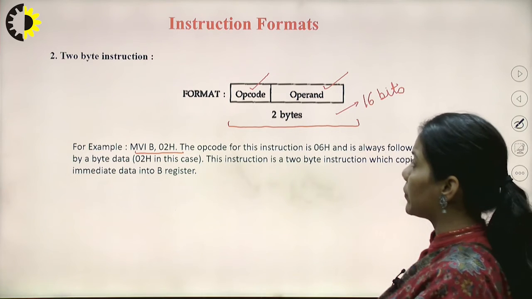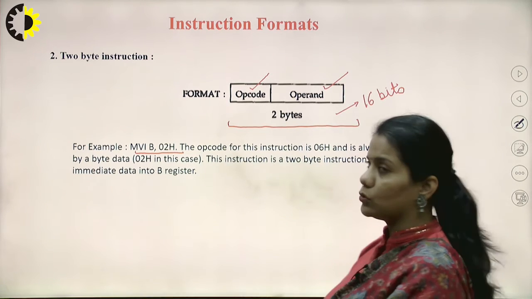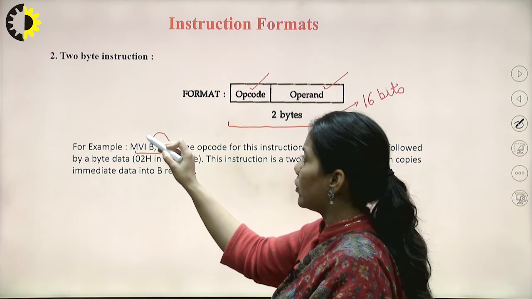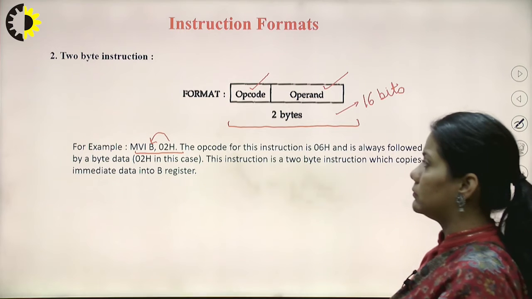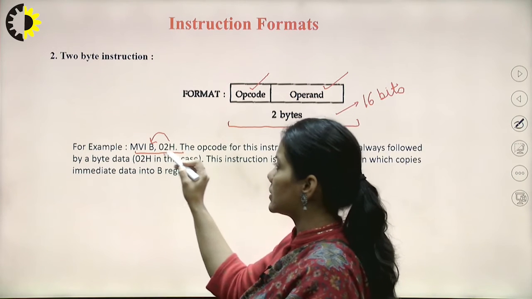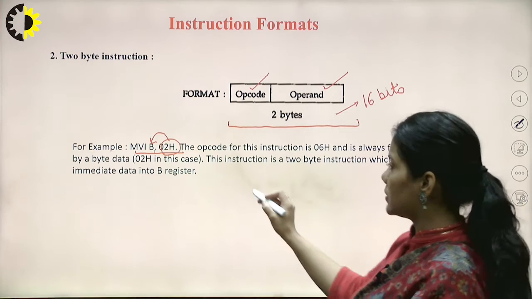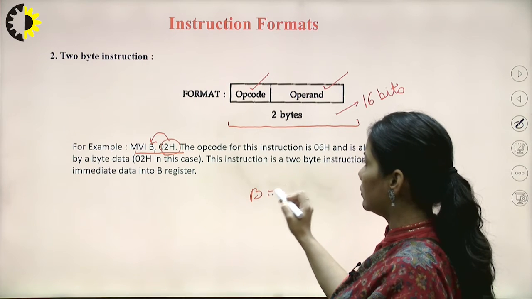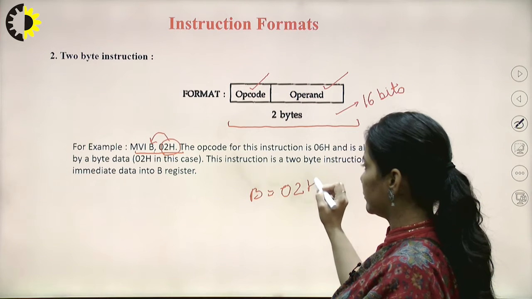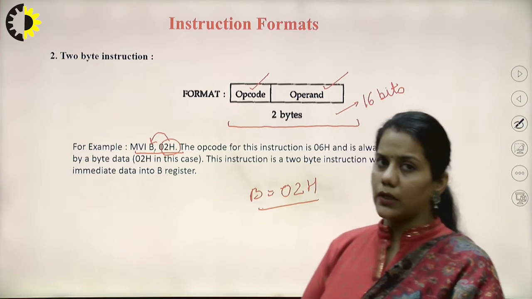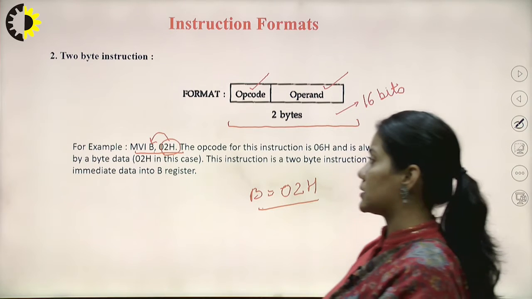This is the example of format 2, the 2 byte instruction. What does this instruction perform? It moves this immediate data to B, that is, register B will hold 02H. So MVI B means that the immediate data is copied to register B.